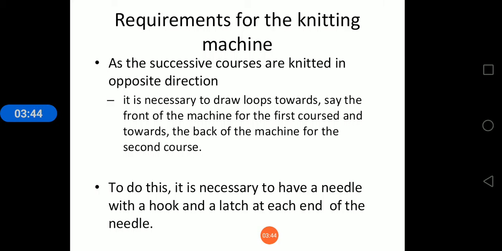The requirement of the knitting machine: as successive courses are knitted in opposite directions, it is necessary to draw a loop towards the front of the machine for the first course, and towards the back of the machine for the second course. To do this, it is necessary to have a needle with a hook and latch at each end.